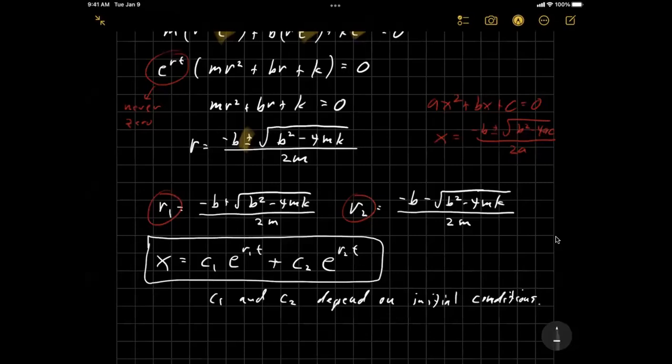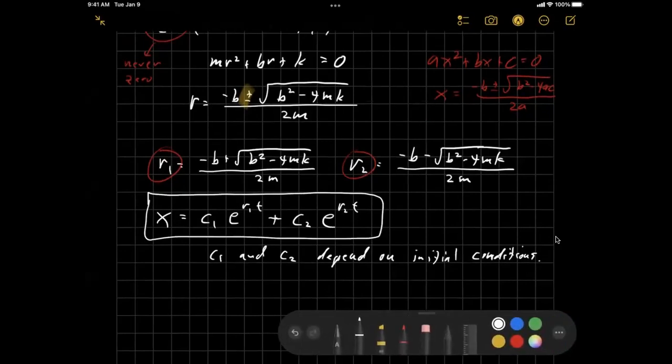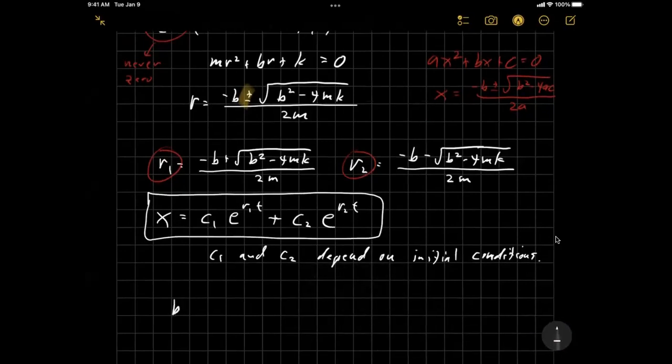Now, what's going to be interesting and we'll address in the next video is the idea that b squared minus 4mk could be greater than 0. B squared minus 4mk, that's the part that's under the square root, could equal 0. Or b squared minus 4mk could be less than 0. Okay.